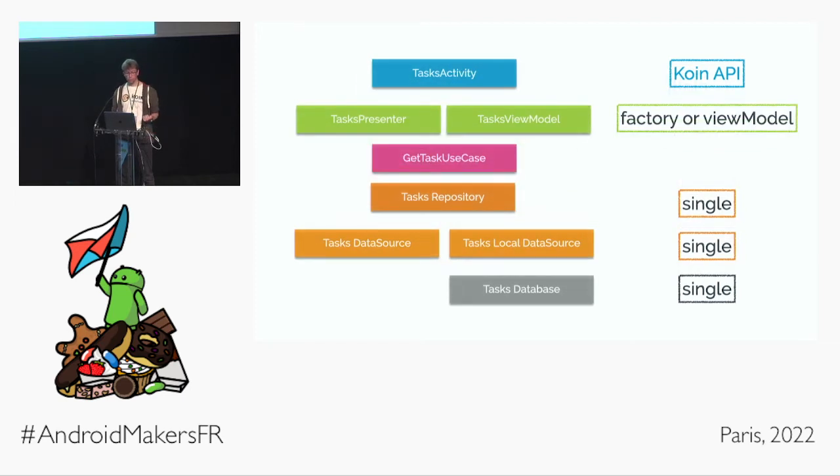If we add the interactor or the use case, it's just a factory, and then you're done. You have mostly everything written down, the definitions you need to write your application. In a more abstracted way, you have the Android UI, the presentation layers, interactor, and then repository and data sources, and that's it.